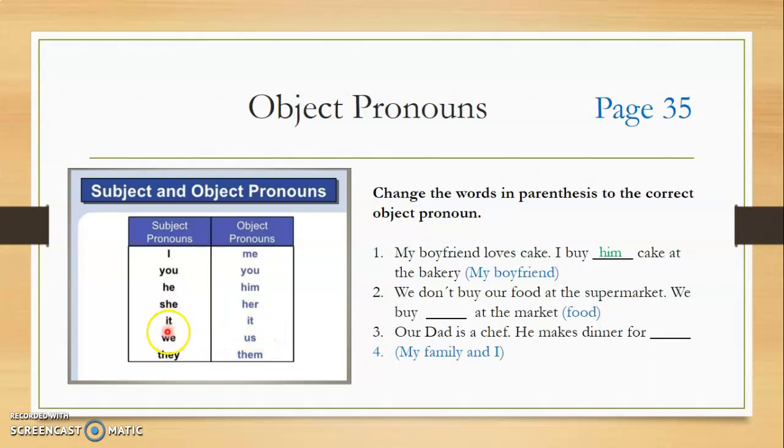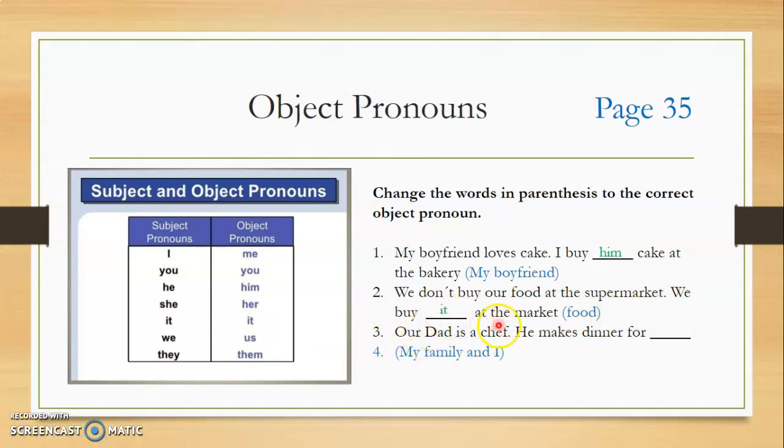The subject pronoun is it and the object pronoun is it. Siempre es igual el subject y el object de it. They are equal. So we don't buy our food at the supermarket. We buy it.